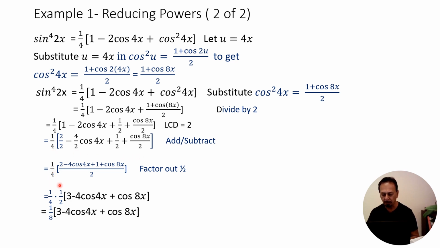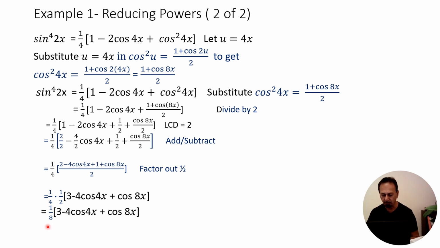So now we combine and write the denominator once, and we add and subtract: 2 minus 4 cosine 4x plus 1 plus cosine 8x. We factor out and simplify this one. So you have 1 over 4 times 1 over 2. 2 plus 1 becomes 3, minus 4 cosine 4x plus cosine 8x.